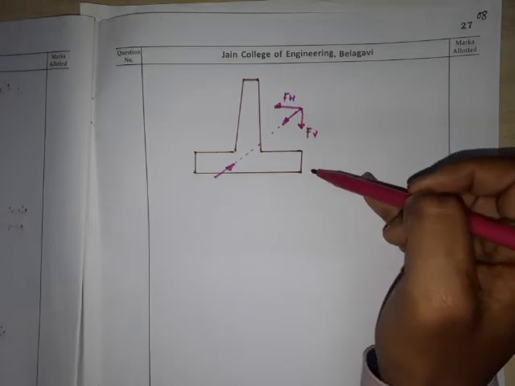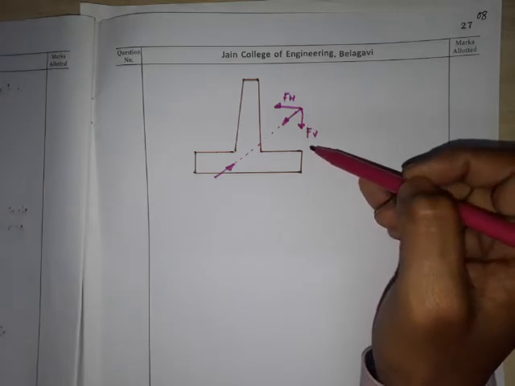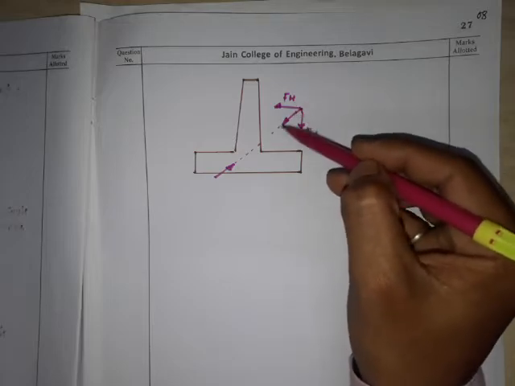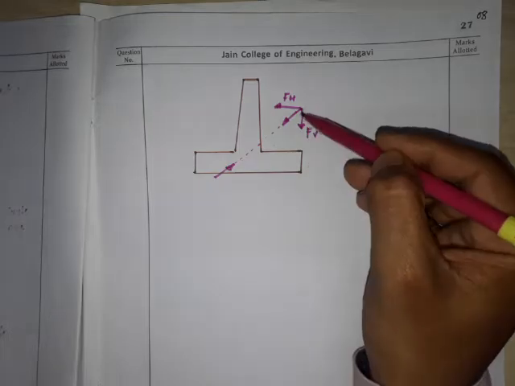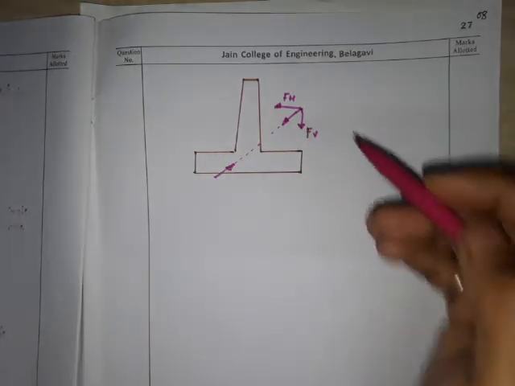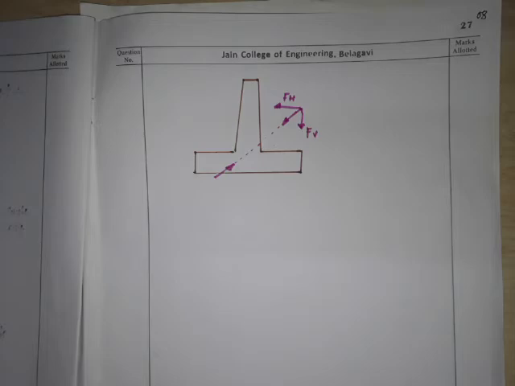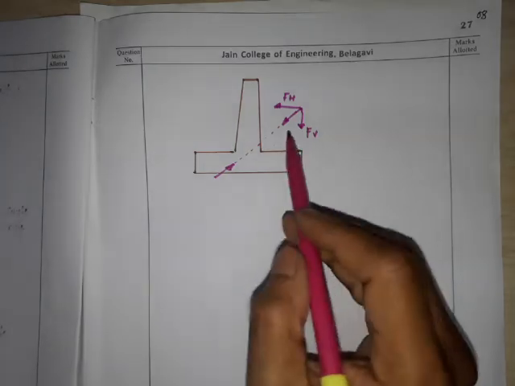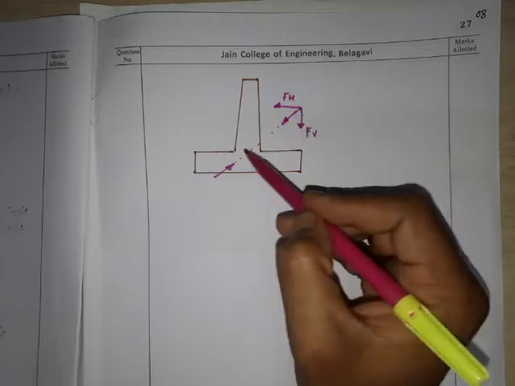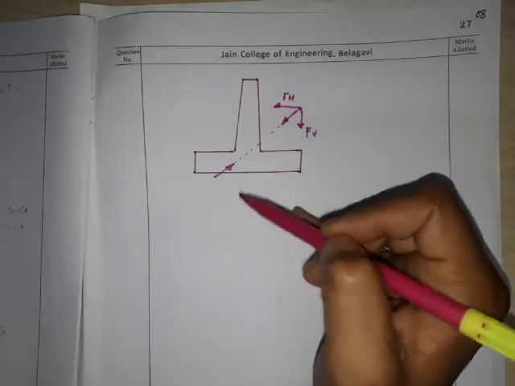And the vertical force is because of the self weight of the soil. These two will have a resultant force, and it has to be resisted by the retaining wall.